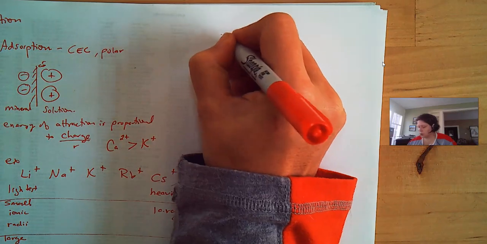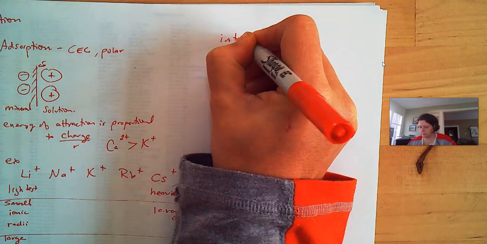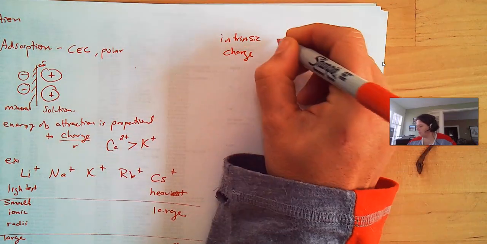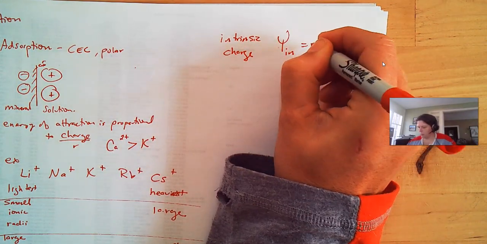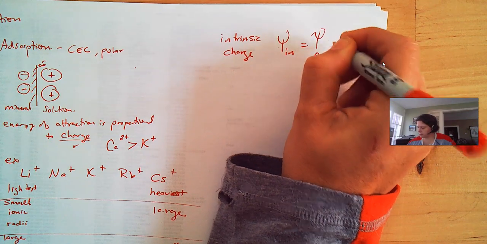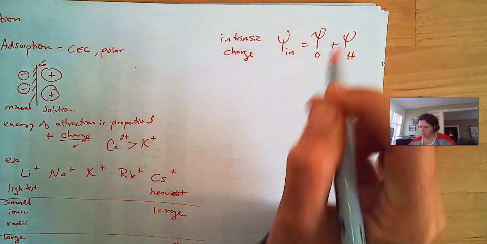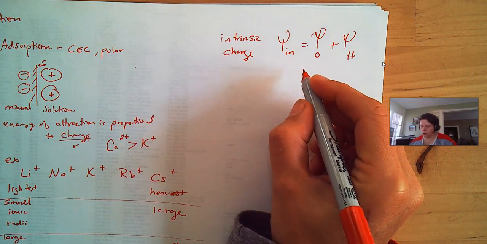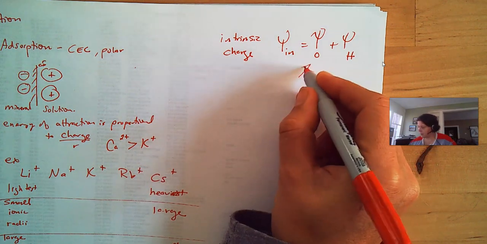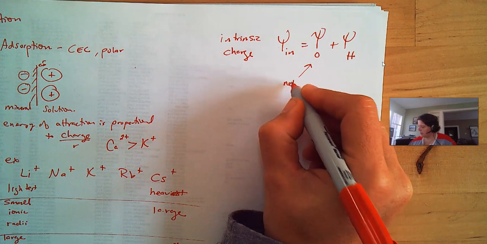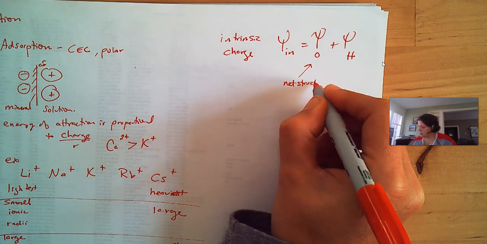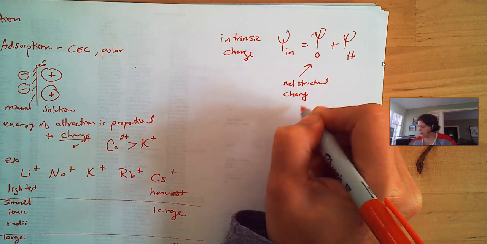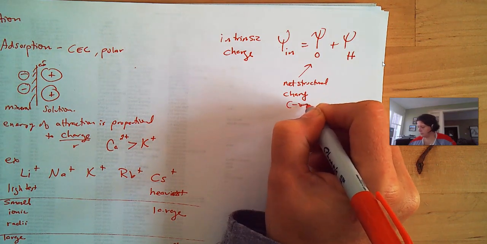So the intrinsic charge is the net structural charge. Okay, so this right here is the net structural charge, and this is always negative.